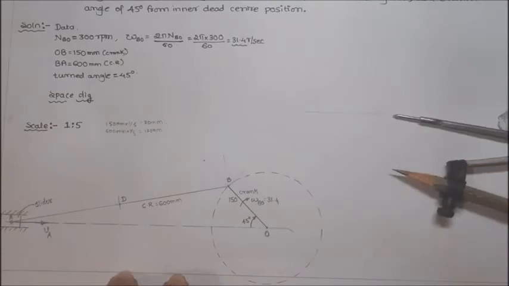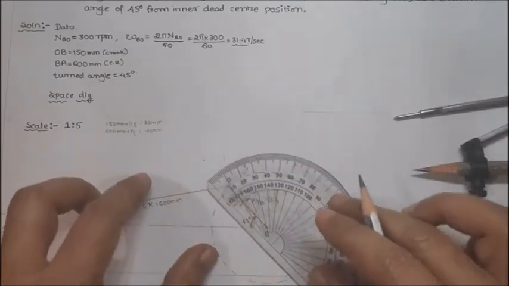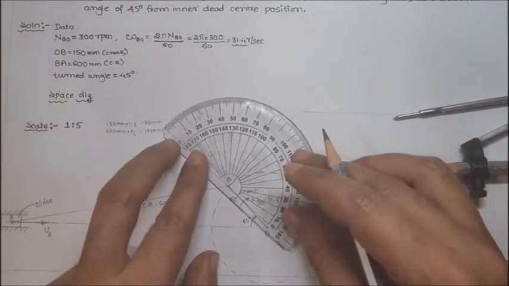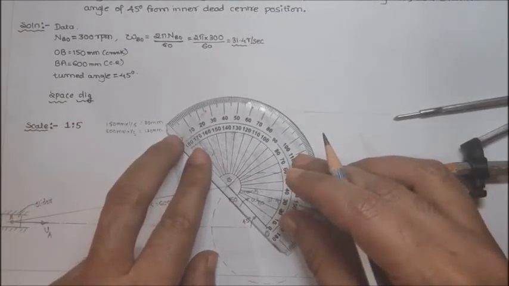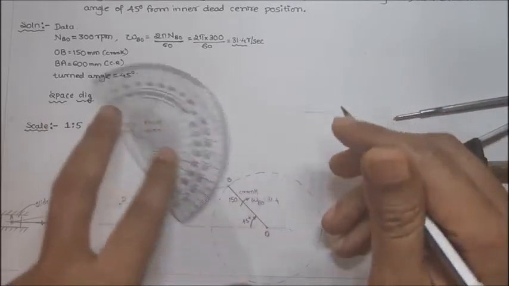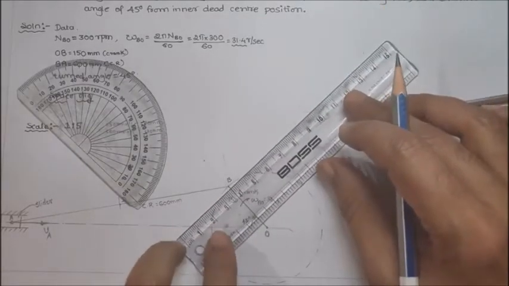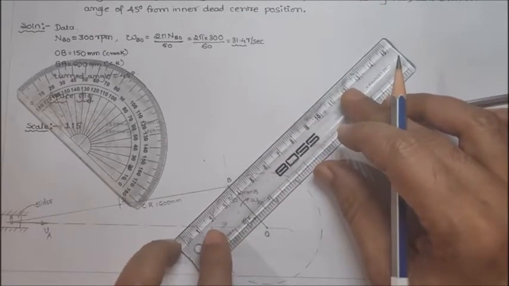So how to get it? We will be using a protractor. Keep the protractor point at B point, measure 90 degrees, so we'll get one point, join it with the point B.